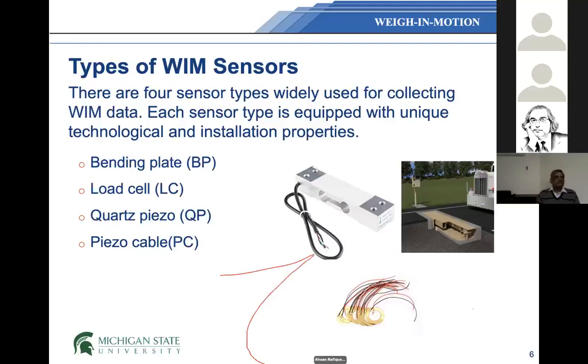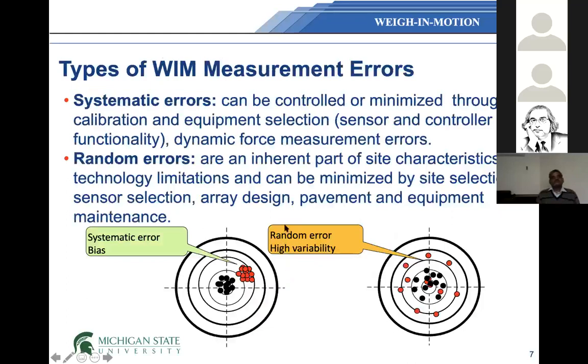But before I do that, I'm going to talk about what we mean by accuracy. When we talk about WIM measurement accuracy, we talk about systematic error and random error. Systematic error, if you see this target picture, let's say our target is in the middle.